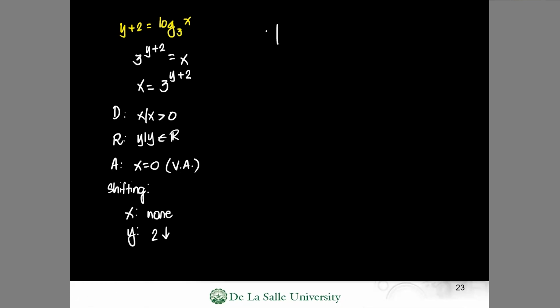So let's try to plot. So y is any real number. So to make y 0, what is the value that we need to make y equal to 0, guys? Negative 2. So that means let's try negative 2, negative 3, negative 4, negative 1, 0, 1.